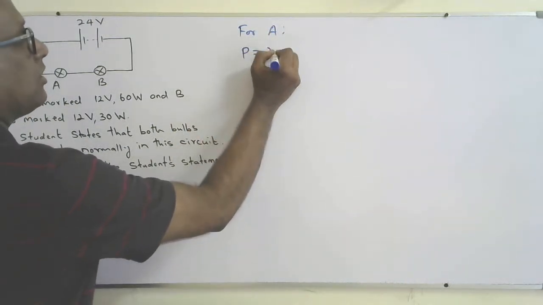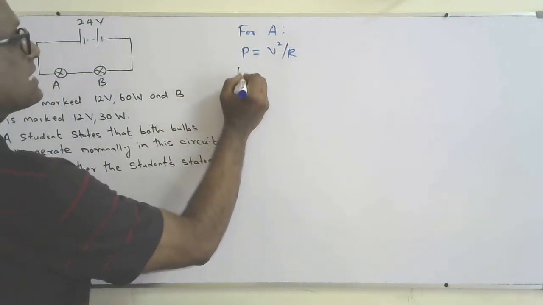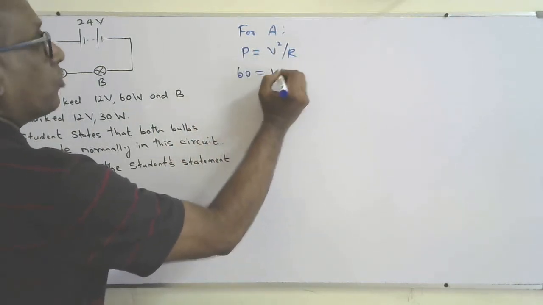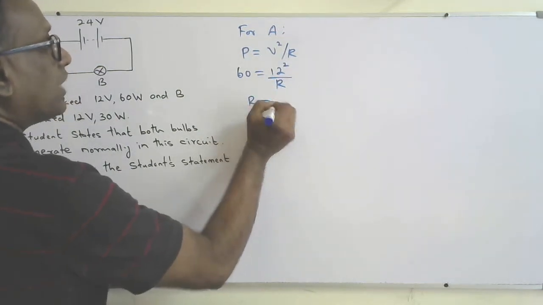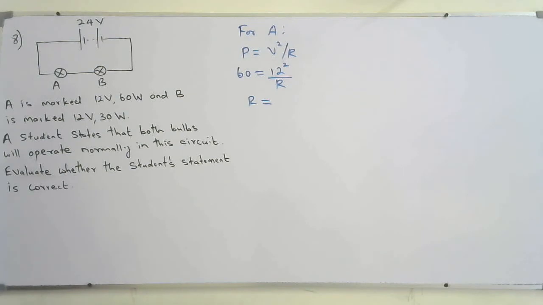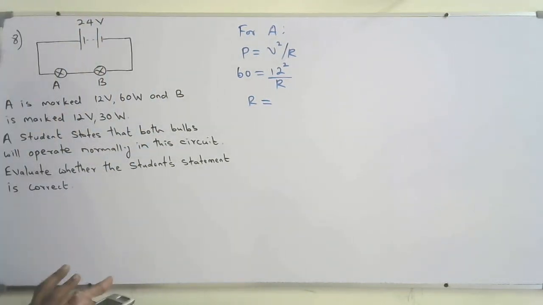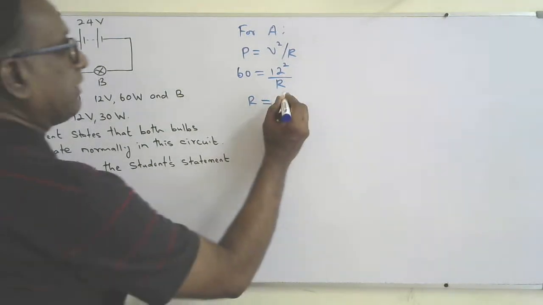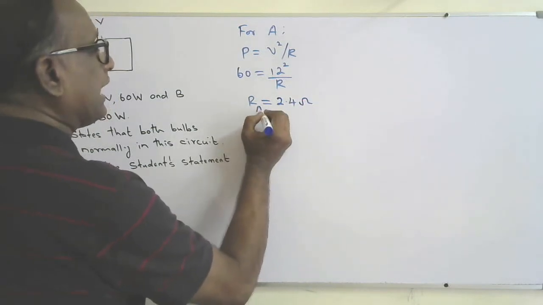Its power is 60, its voltage is 12, so what will be the resistance of the bulb? I can find it: 12 squared divided by 60, that will be 2.4 ohms for A.